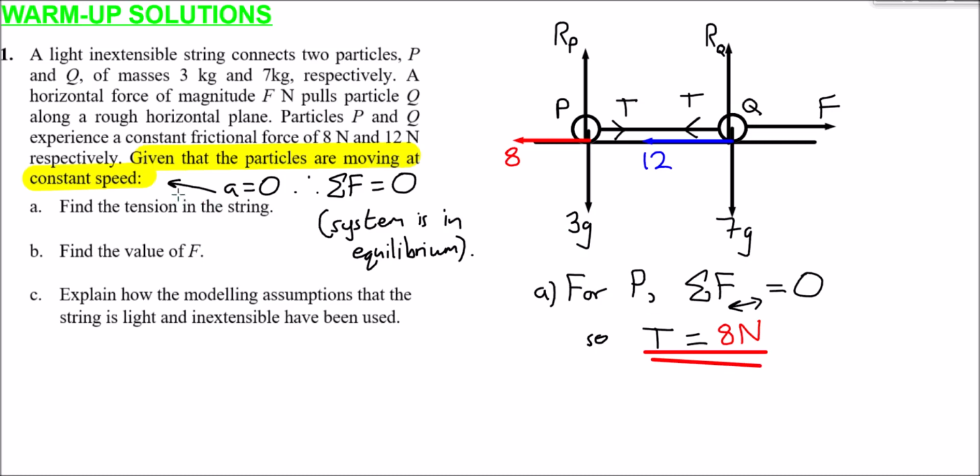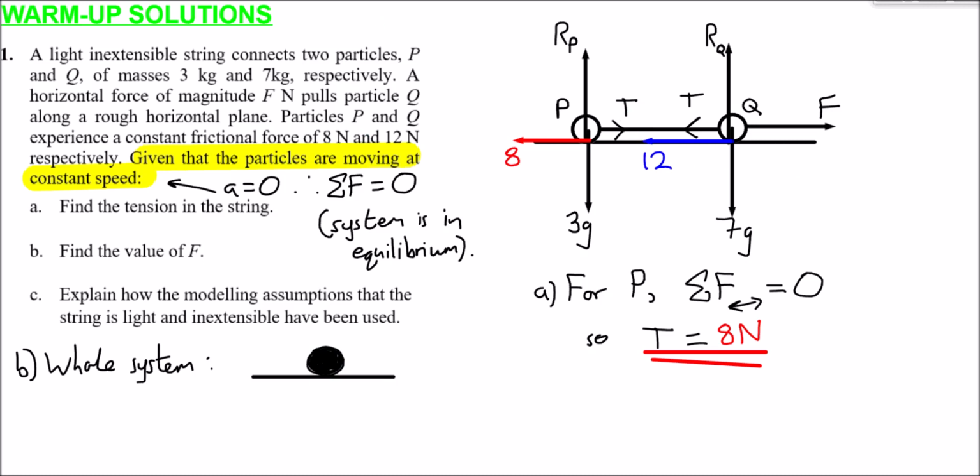Next we have to find the value of F. So for part b, what we might want to do is consider the whole system. And if we do that, we need to remember, when considering the whole system, the internal forces will cancel out and be equal to 0. In our case, this means the tension. So there's no tension that we need to consider. All we need to consider here is just the net force going to the left and to the right.